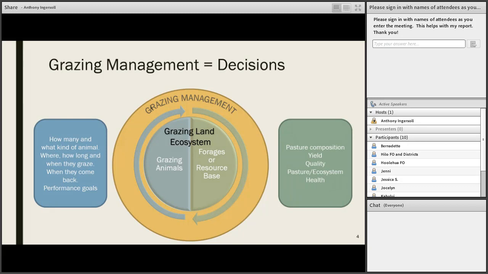Conceptually, all that we've discussed about how forage plants grow and what affects their quality, and how grazing animals are built and what they can eat and why, is well and good, but when we start to bring those two things together, especially trying to put them out there in the real world where we work, it starts getting kind of complicated. And we need to be able to take a look at what we've got and apply the concepts of grazing land ecology to do our job of helping to identify problems and their causes and the potential solutions. So we're going to talk about some of that today.